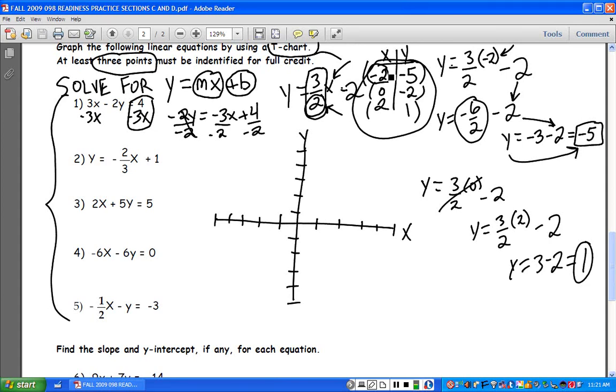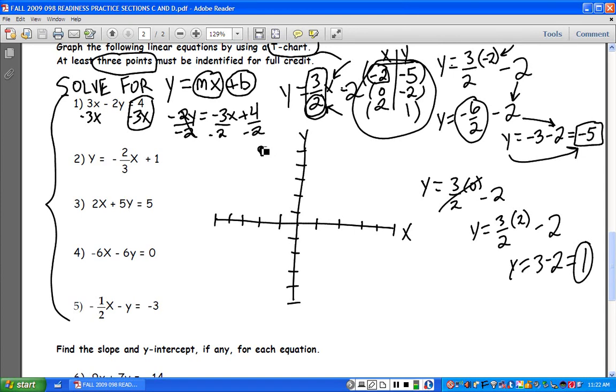Alright, so the first point is going to be this negative 2, negative 5. X is negative 2, y is negative 5. So from my origin, which is right here in the middle at 0, 0, I'm going to count left 2. That's my x is negative 2. Then I'm going to count up 1, 2, 3, 4, 5.